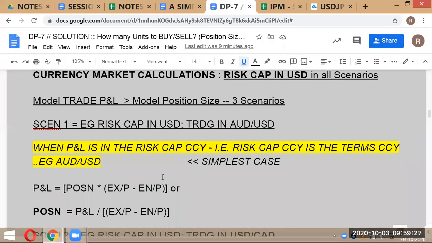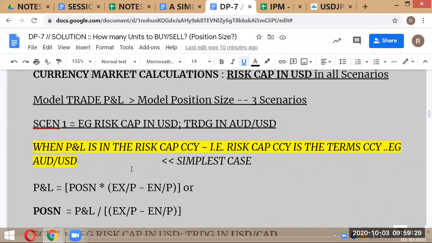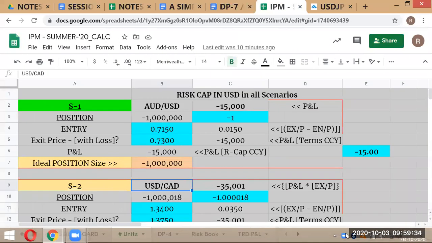Okay, so the first general situation is when PNL is in the risk capital currency. So it is the risk cap currency, the currency in which your risk capital is denominated.